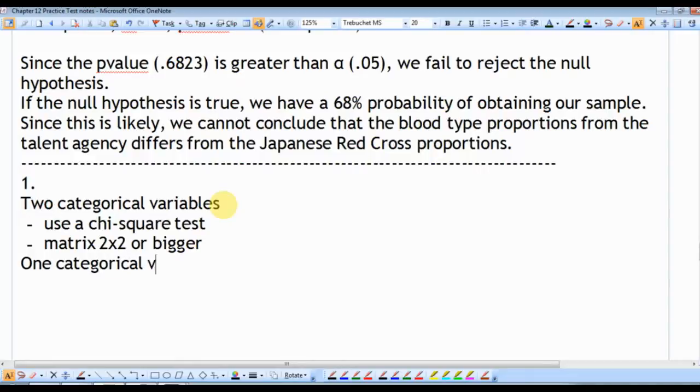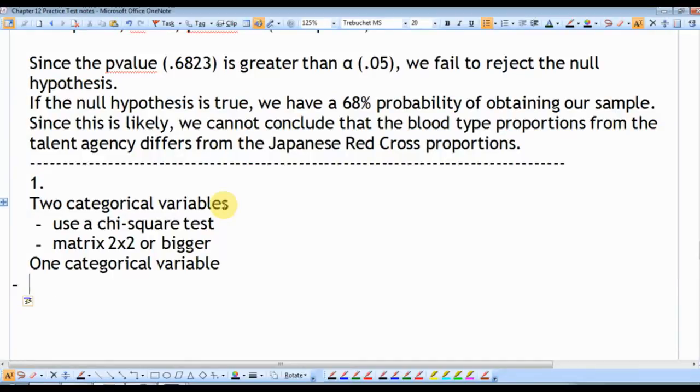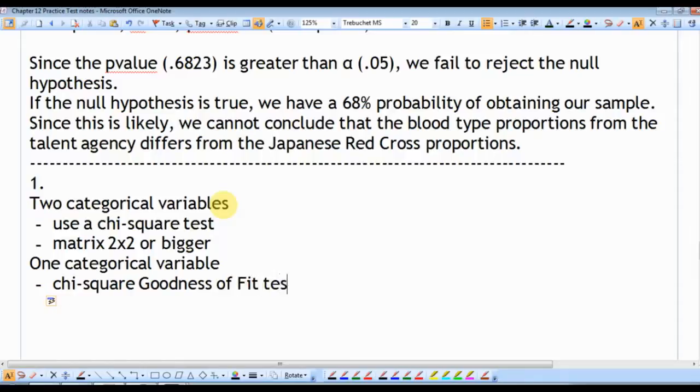One categorical variable. That means you're going to use a chi-squared goodness of fit test, okay?